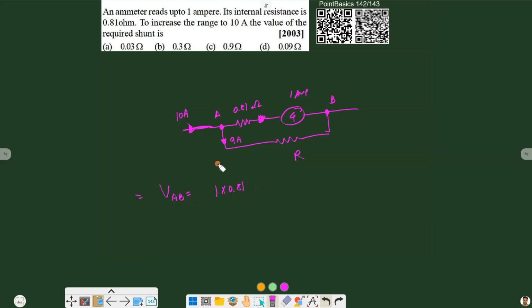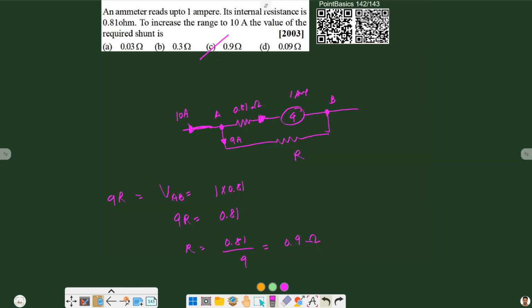And from the lower side, it will be 9 into resistance, that is 9R. So 9R should be equal to 0.1 and R should be equal to 0.1 by 9. So it means 0.011 ohm. Option C will be the right answer.